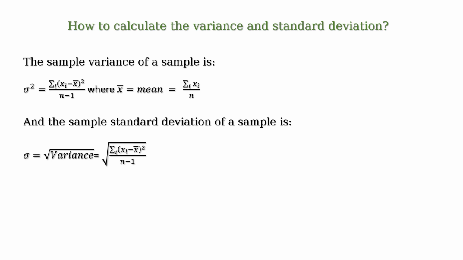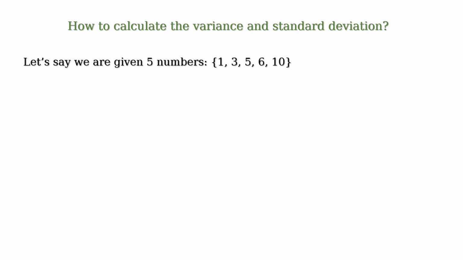Let's look at an example. Let's say we are given 5 numbers. We want to calculate the variance and the standard deviation of the given numbers. So, as per the formulae, x bar is equal to the mean, equal to the summation over i of xi divided by n, and after calculation this is 5.